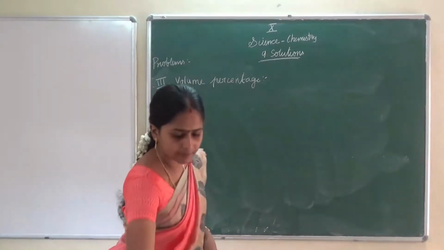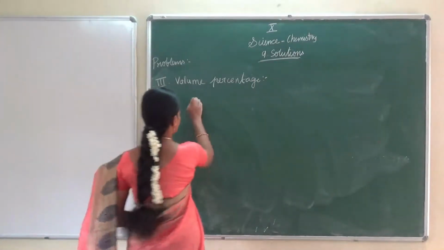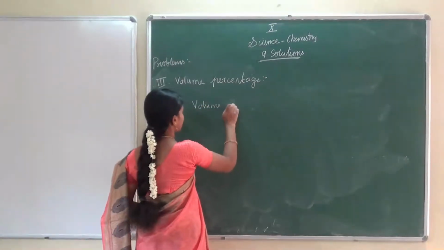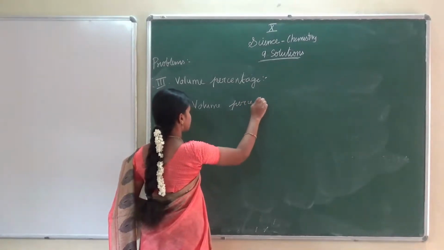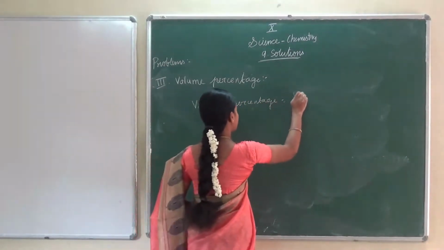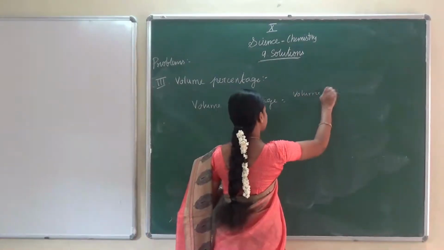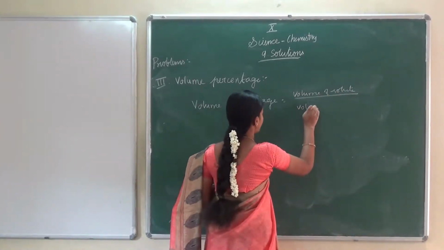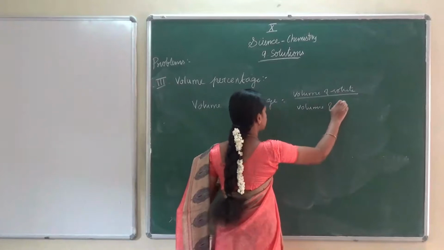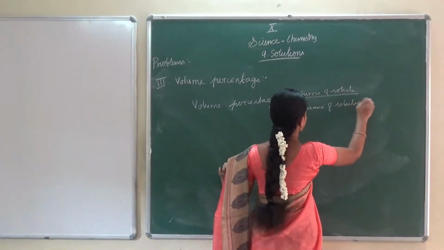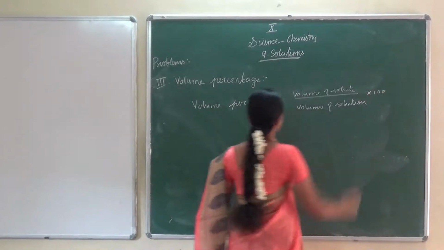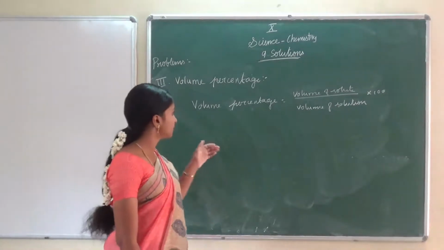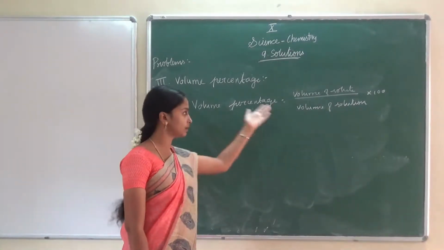The formula for volume percentage is: volume percentage is equal to volume of solute divided by volume of solution into 100. It is the same as we did for mass percentage. There we used the word mass, here we are going to use the word volume. That's all.